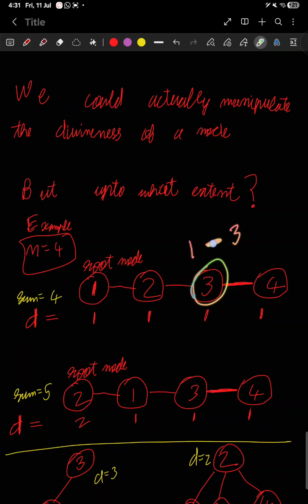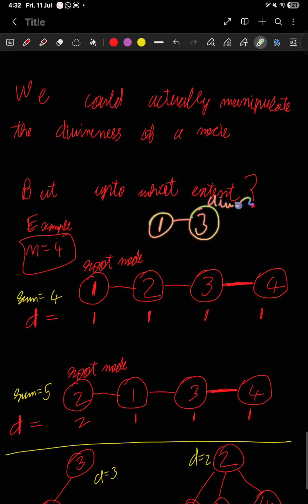And why is that so? Because if this node contains a smaller value, any smaller value than this, then the divineness of this node could be the smallest value ahead of this. So for example, if only 1 is ahead of this, the divineness of this node 3 would be 1.